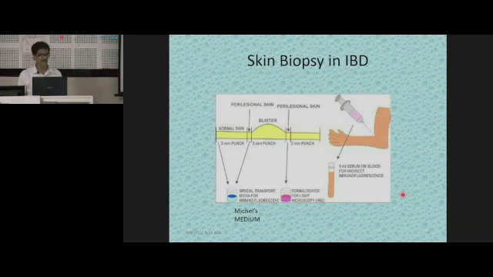Either you send it in PBS, phosphate buffered saline, in a cold chain, so cold chain maintenance is important, and then frozen section and DIF studies are done. Or if you want to send these samples a long distance, then Michel's medium is available, but I was told it is not used, at least not available in most cases.